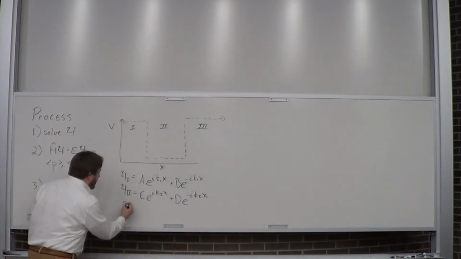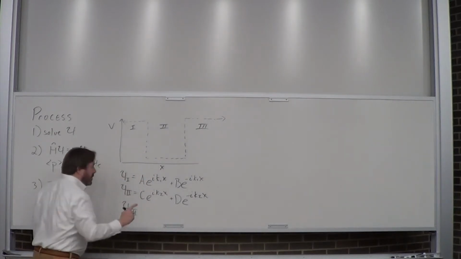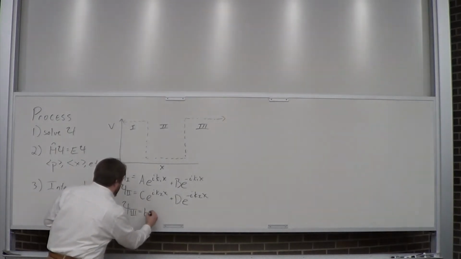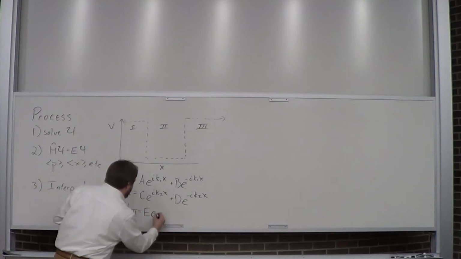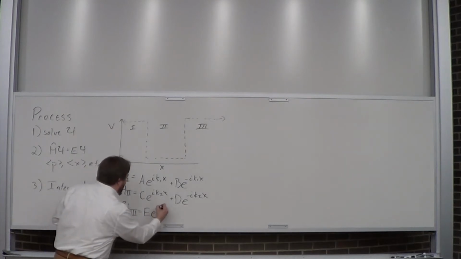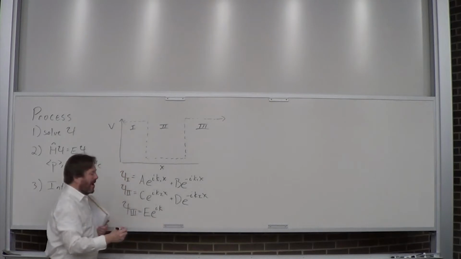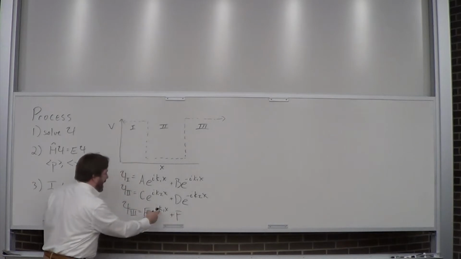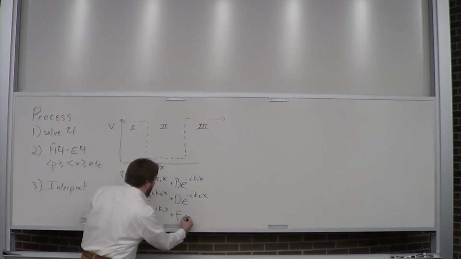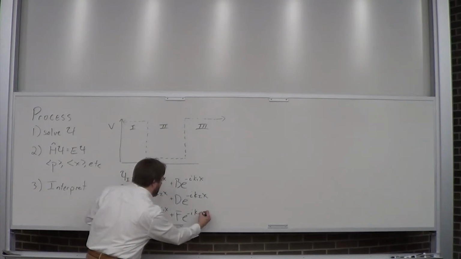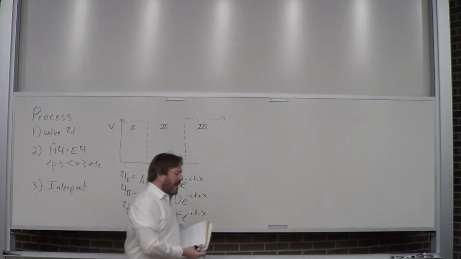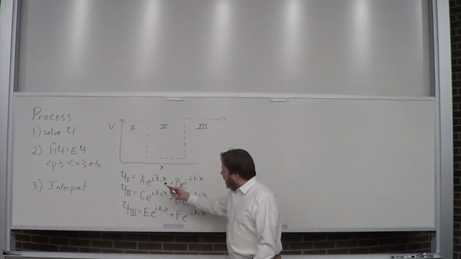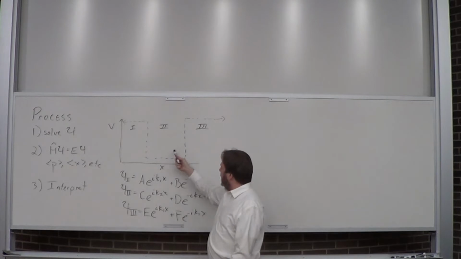In region 3, E e to the i, too many E's, k3, no, k1, k1x. I bet you thought I was going to say k3x, it's k1x. I'll explain that in a second when we finish. Again, you can't assume that the letters are the same, so A, B, C, D, E, F. Now, k1, k2, k1, k1, k2, k1.